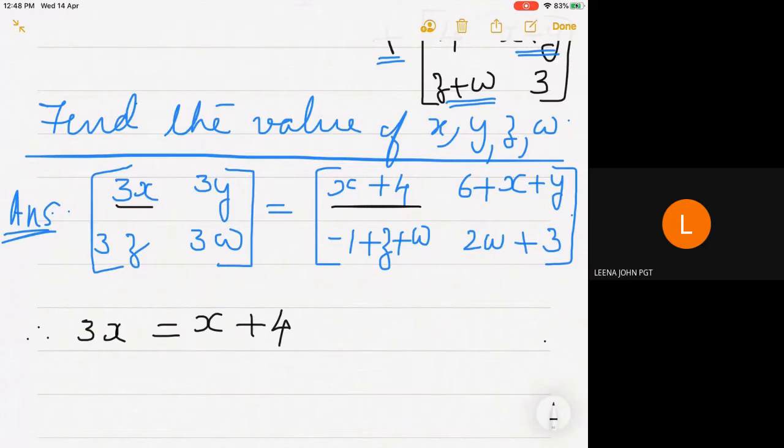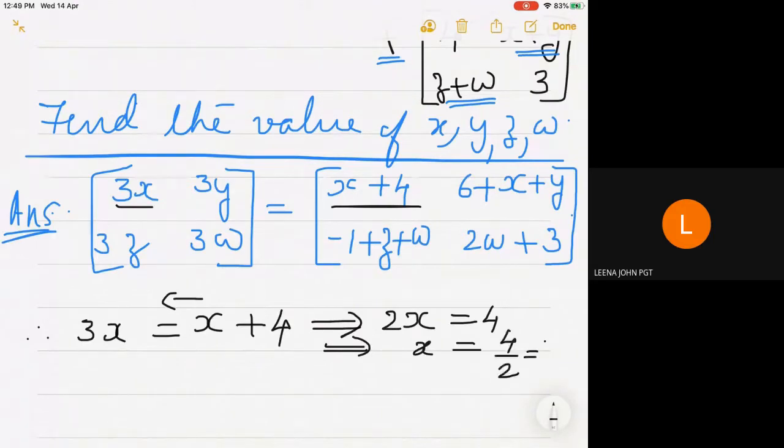From here itself we get the value of x. So that means this x is taken to the left side. You get 3x minus x or 2x equal to 4, or that implies x equal to 4 by 2, which is equal to 2.